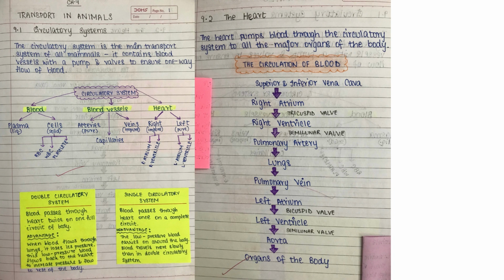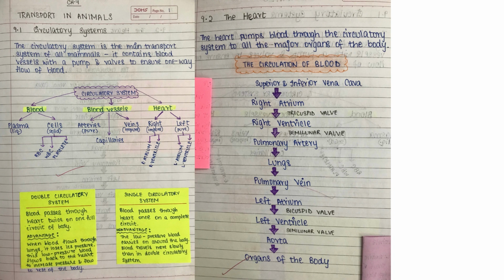Moving on to the difference between the double circulatory system and the single circulatory system. In a double circulatory system, the heart pumps blood around the body in two circuits. So in the first circuit, the heart pumps deoxygenated blood to the lungs to take in oxygen, and the oxygenated blood returns back to the heart.